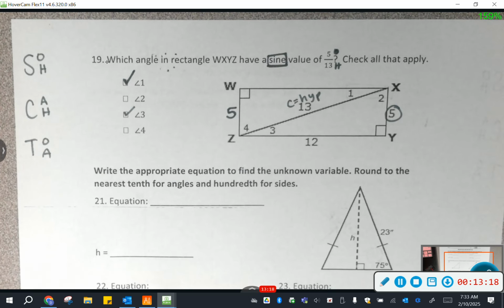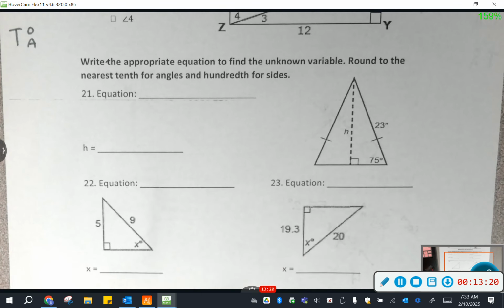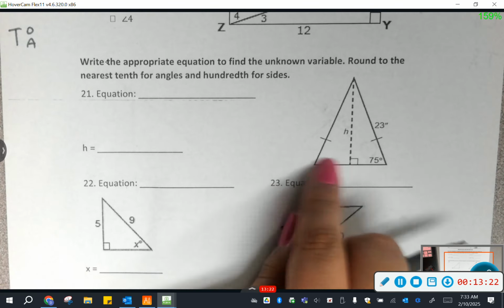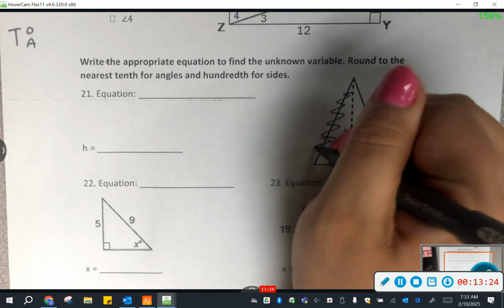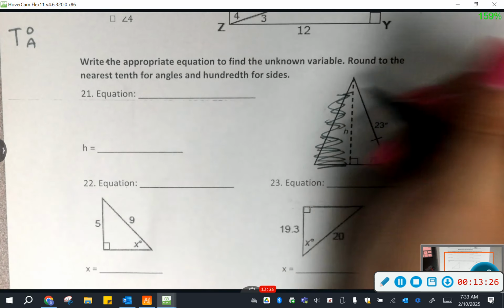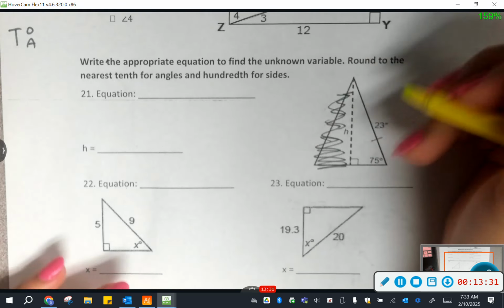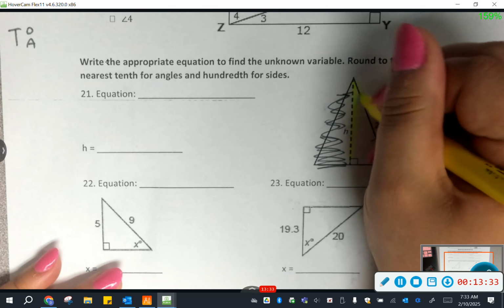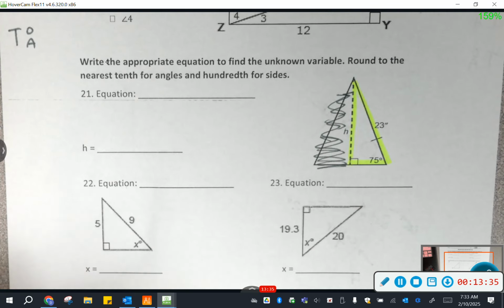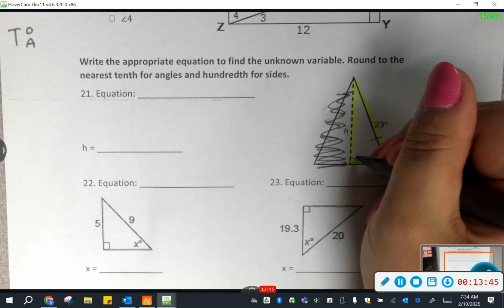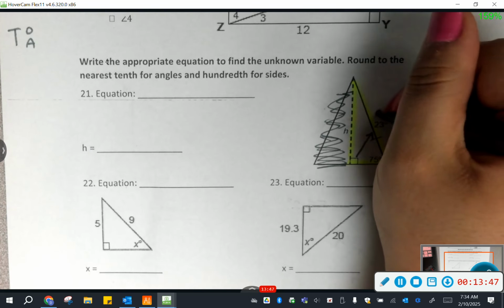Alright, last one I'm going to do with you is number 21. Number 21, you do not care about this side of the triangle. I want you to focus on this triangle right here. This is actually a test question. What do I do first? Where's my hypotenuse? Across from the 90 is 23.